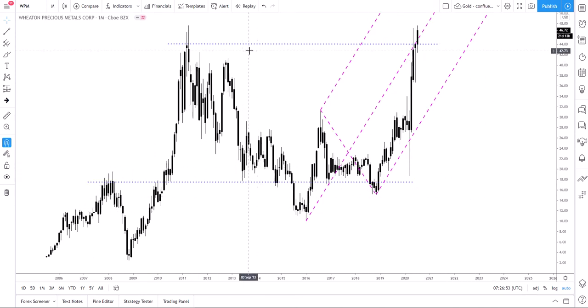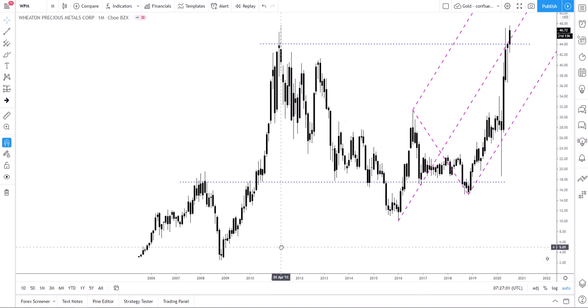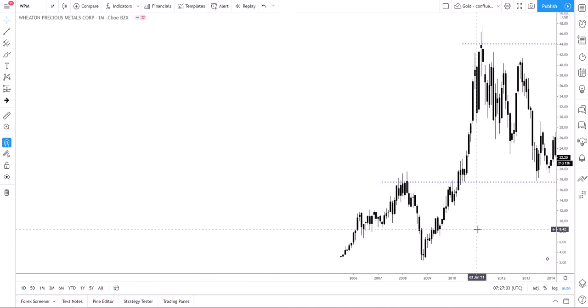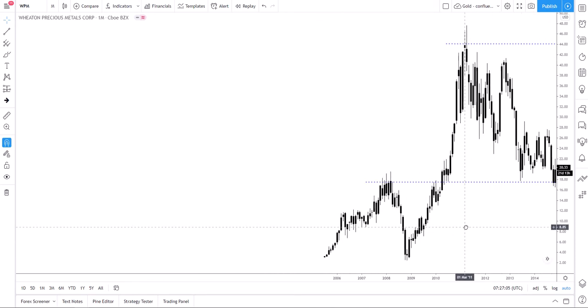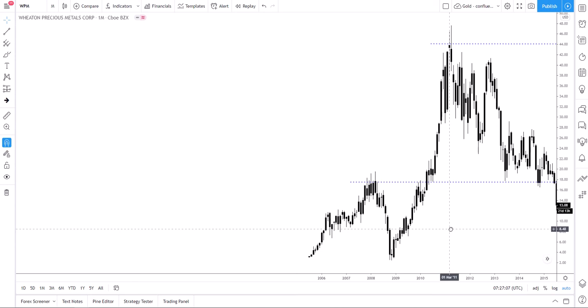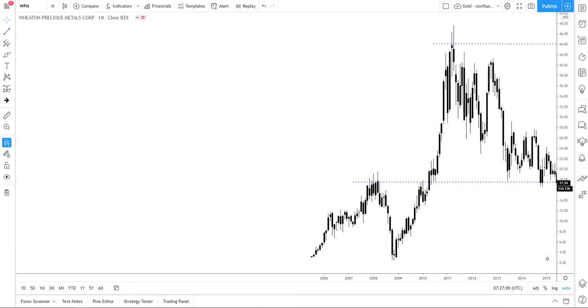Let's talk in this case about horizontal support and resistance levels. And so what I look for, let's just do that so it's clearer.